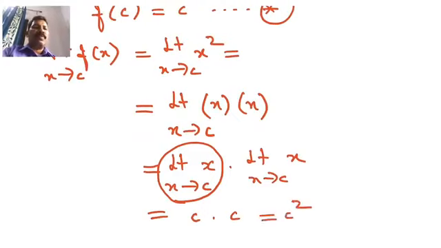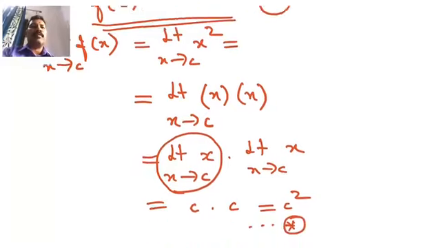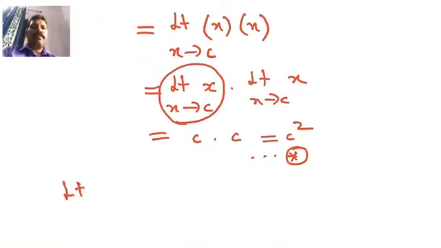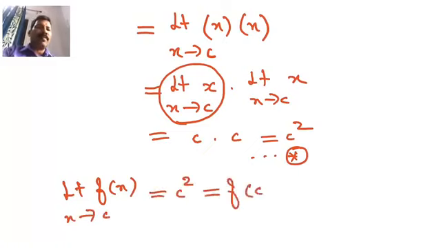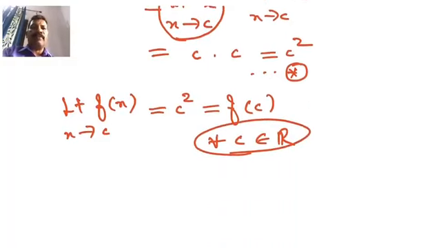So this is the limit value, and previously we got the functional value. So both are equal. So you can conclude that the limit of f(x) as x tends to c is equal to c square, that is equal to f(c) for all c element of R. Here we are not taking any particular real number. It can be any real number. So simply speaking, the given function f defined by f(x) equal to x squared is continuous.